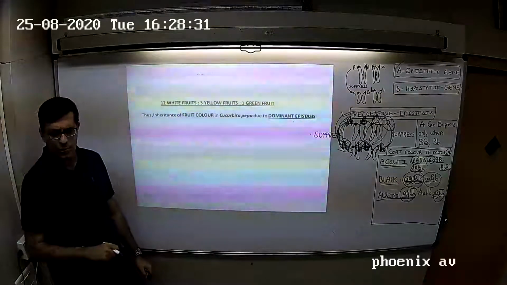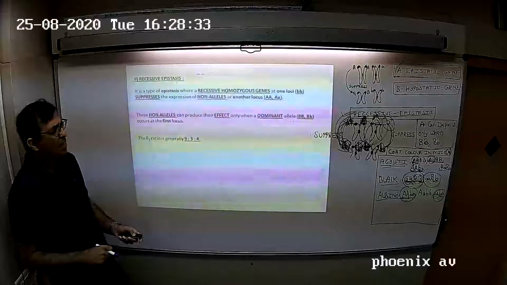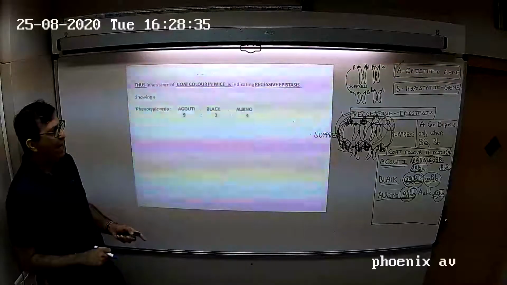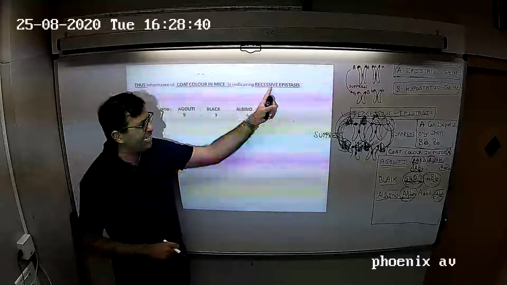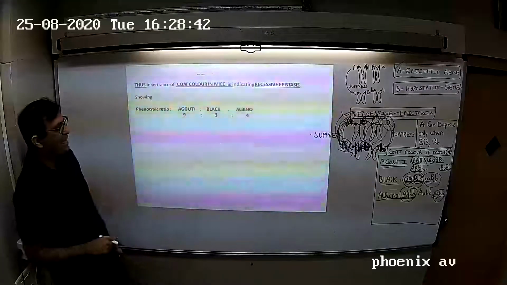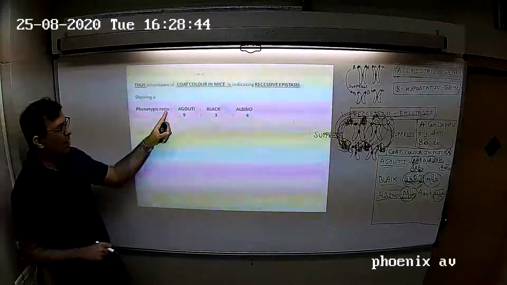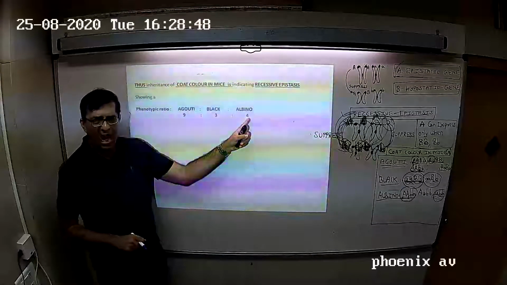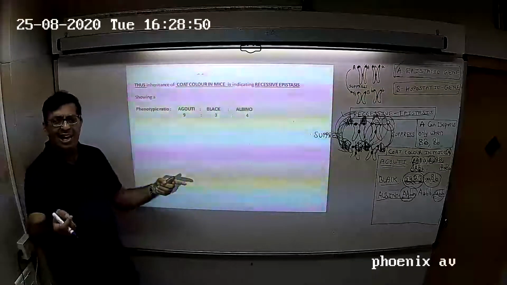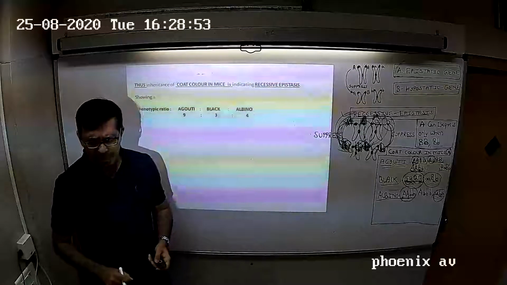Please remember this. And please remember that coat color in mice shows recessive epistasis, showing a phenotypic ratio of 9:3:4.